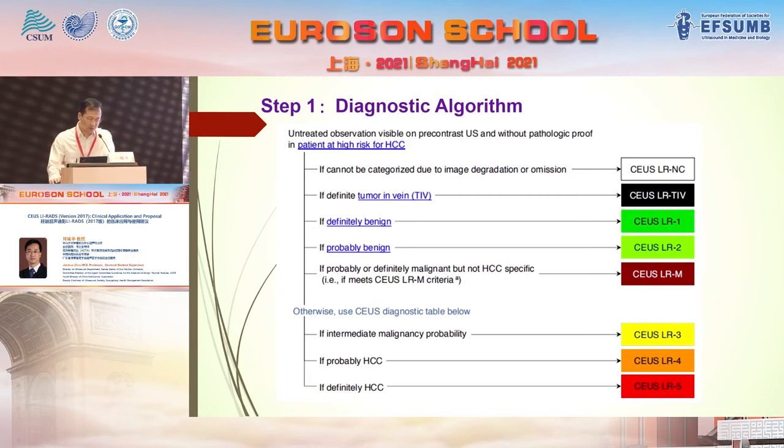If a lesion is definitely benign, LR1. If it is probably benign, LR2. And then we classify a lesion if definitely malignant but not HCC specific as LR-M. And then, according to the possibility of HCC, we classify as LR3 to LR5.